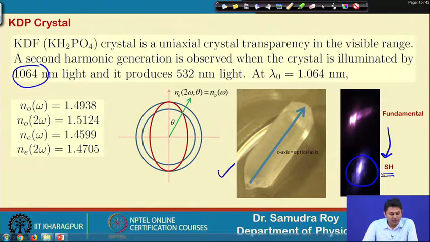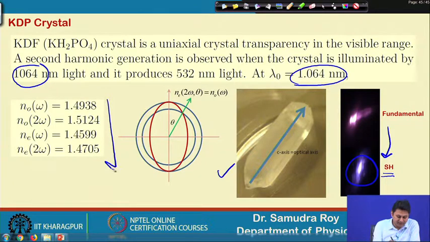Also, we can find out the refractive indices, because they are very important, and these refractive index values are given here for the operating wavelength, say 1064. These will be useful to find the angle theta along which we have phase matching, because we have an expression for theta, which we derived in our earlier classes, and this information helps us find the value of theta.